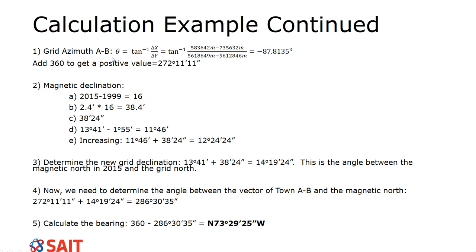First of all, I want to figure out what my grid azimuth is from A to B. To figure out my angle, I have my tan^-1 with the delta x over delta y. So I take my final position minus the first starting position, and I do the same with the y, and I end up getting -87.1835.